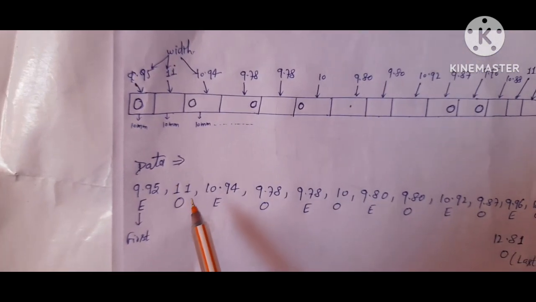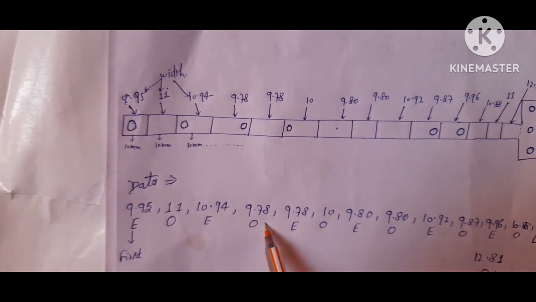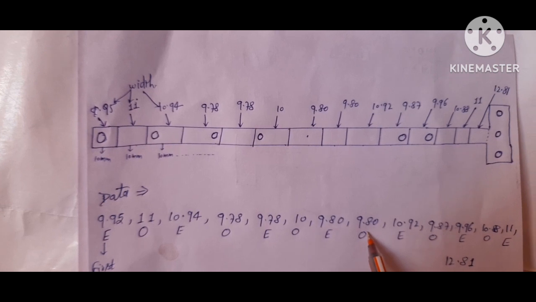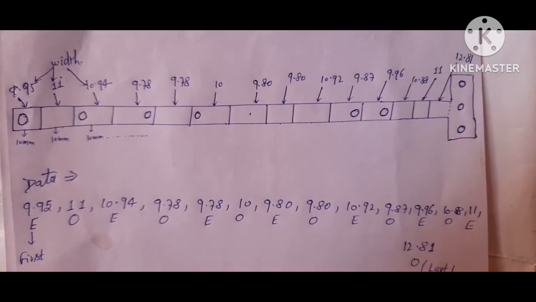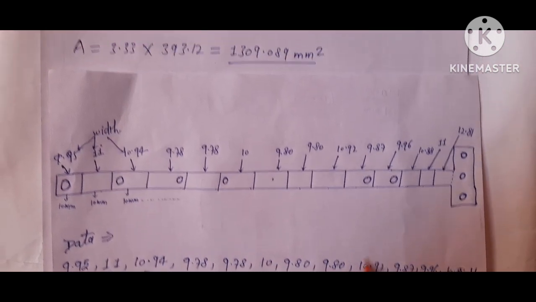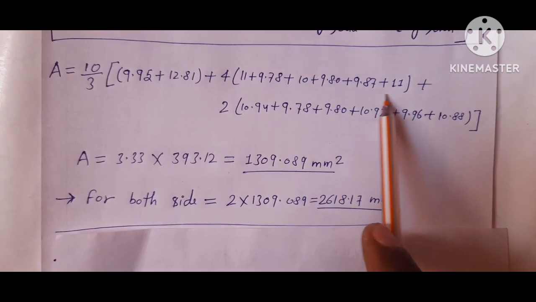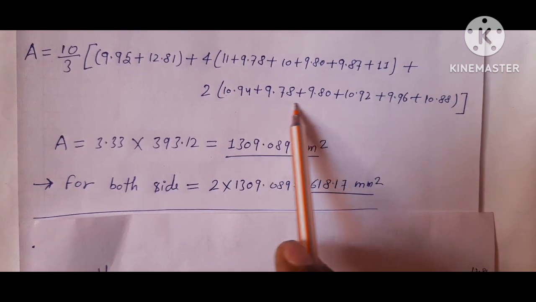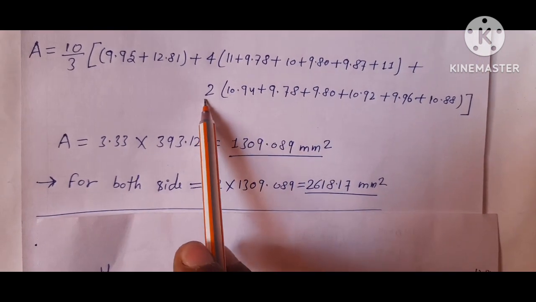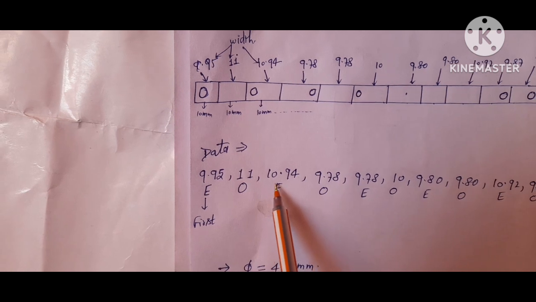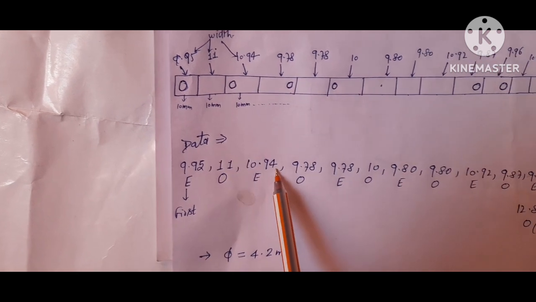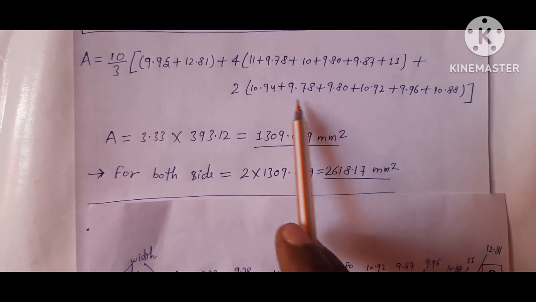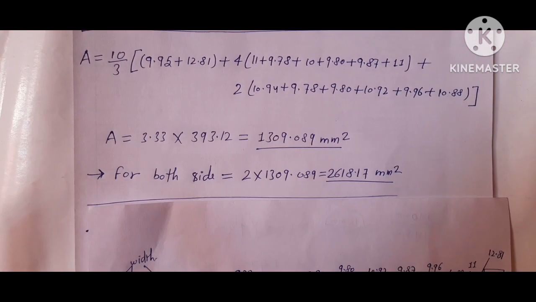So the odd numbers are 11, 9.78, here 10, 9.8, 9.87, all odd numbers are summed here, and after that multiplied by 4, plus the summation of all even numbers multiplied by 2. The even numbers are here: 10.94, 9.78 and so on. Here all are summed and multiplied by 2.